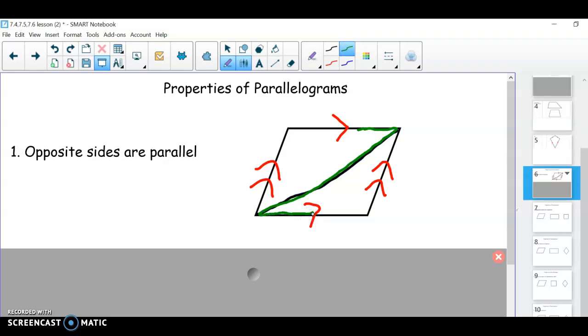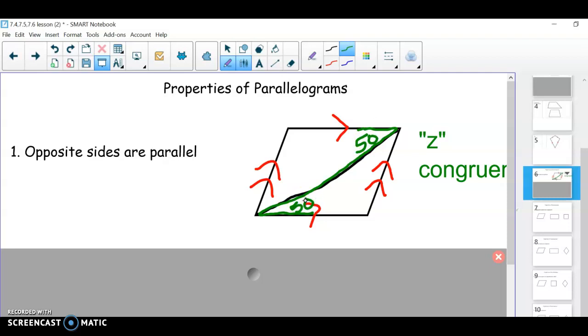Remember that when we have parallel lines and they make a Z, the angles are congruent. So if this angle up here is 50 degrees, then this one would be 50 degrees.